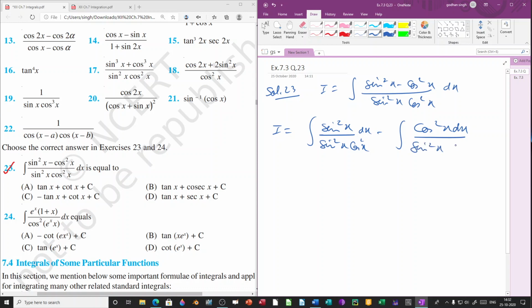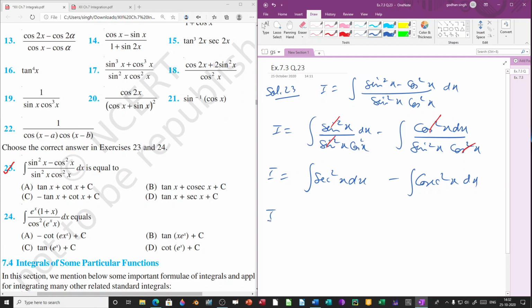sin square x into cos square x, cancelling the like terms from numerator and denominator. So here we will be cancelling out sin square x and here cos square x. So we will be getting I equal to the integration of 1 by cos square x, so sec square x dx, minus the integration of 1 by sin square x, that is cosec square x dx.